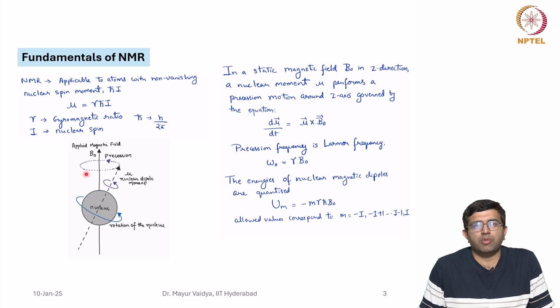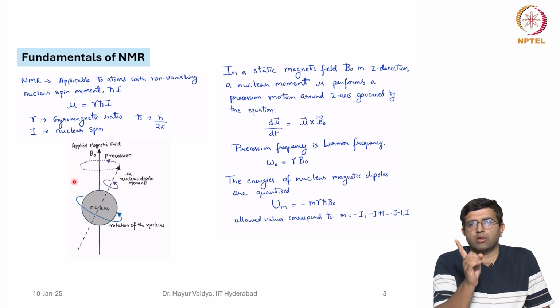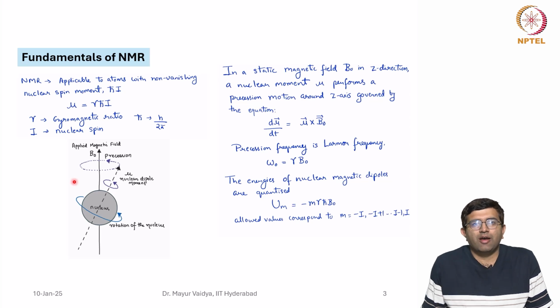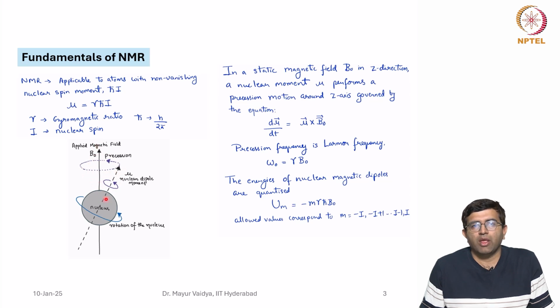So the precession happens like this. I'm sorry if I am not being accurate, but this is how the precession motion is. So this is your applied magnetic field B naught, and this is the rotation of the nucleus, and this is how the nuclear moment performs a precession motion around the z axis. This is governed by the equation d mu by dt is equal to mu cross B naught.